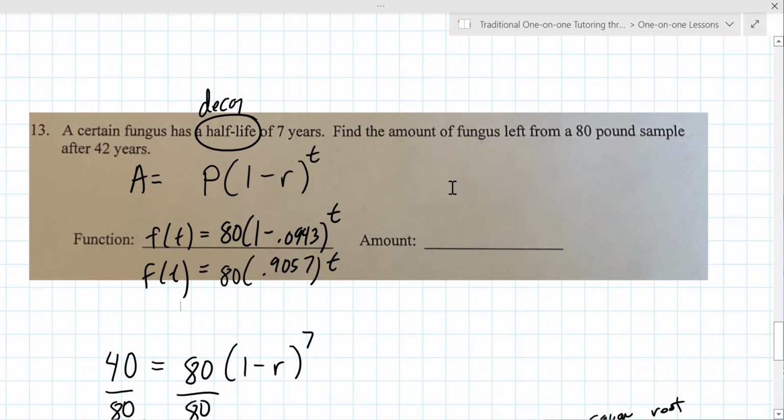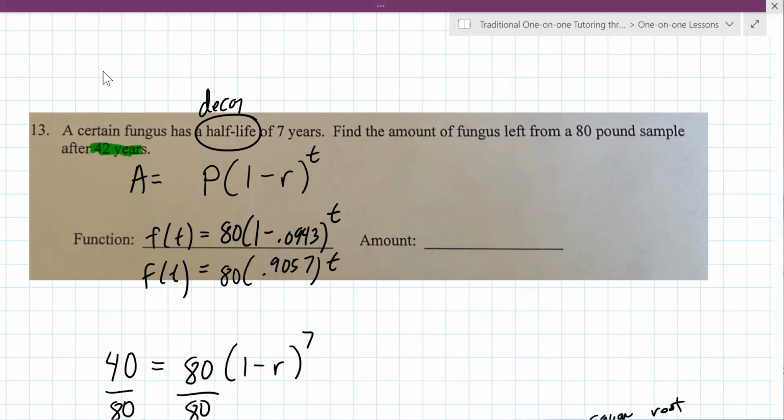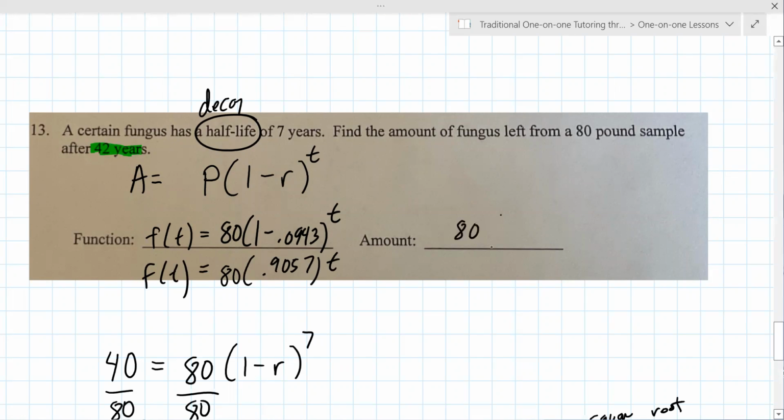And then to find the amount, you have to use the given t value. So you have to put t equals 42 into the equation. So go ahead and multiply and power 42 and let me know what you come up with.